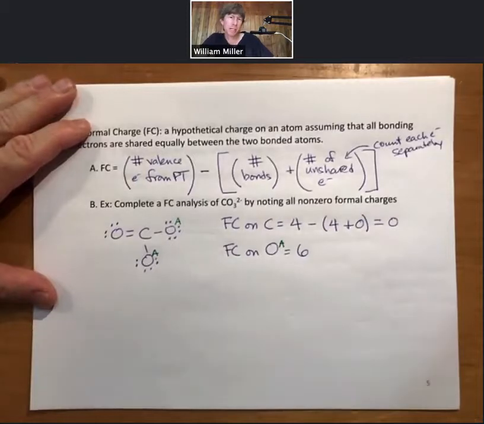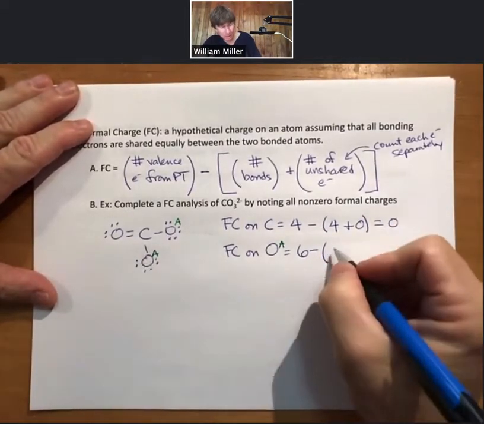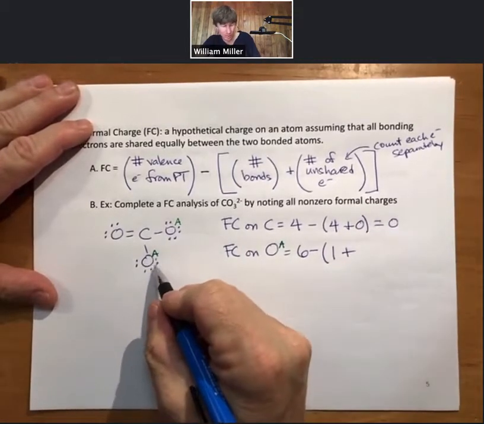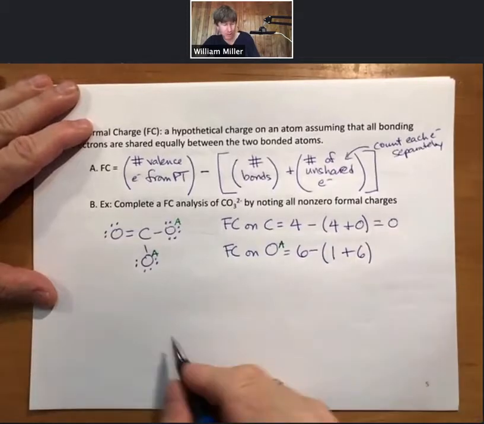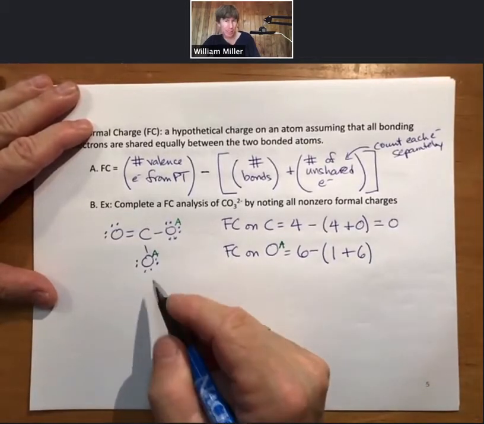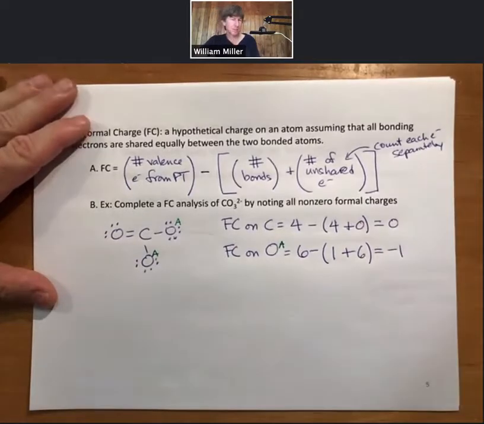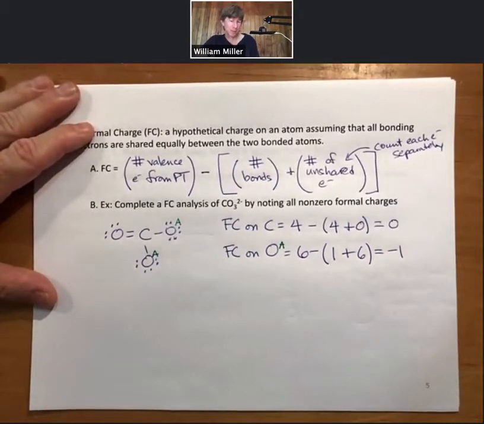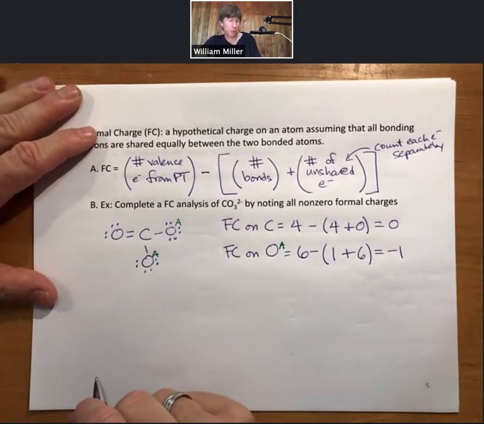From the periodic table, oxygen always has 6 valence electrons. There's 1 bond and 1, 2, 3, 4, 5, 6 unshared electrons, so same for both of these oxygens. 6 minus 7 is minus 1. And so what that means is these 2 oxygens, each of them has a minus 1 formal charge.